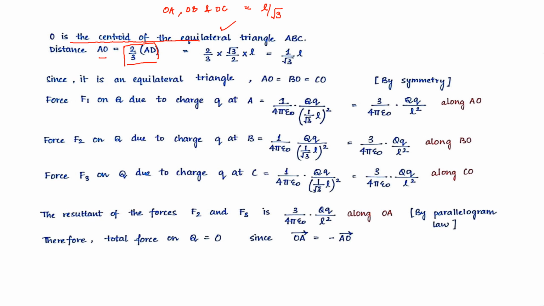Now from this formula, let's try to find out how it will come. They are saying that AO equals 2 by 3 AD. What is the value of AD? It is root 3 by 2 L. So 2 by 3 into root 3 by 2 L. This will get cancelled out, and this 3 can be written as root 3 into root 3.